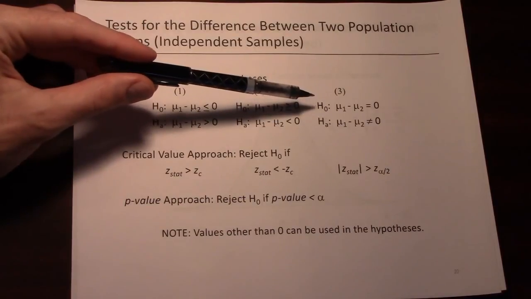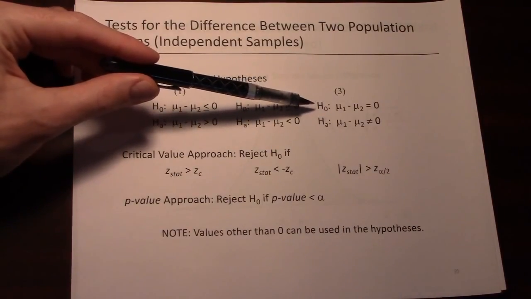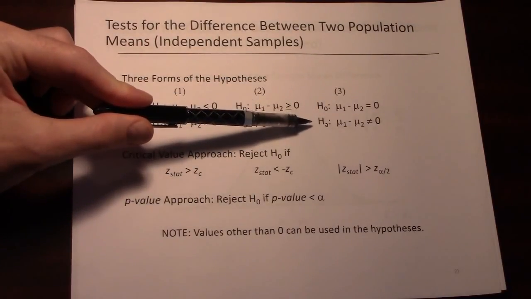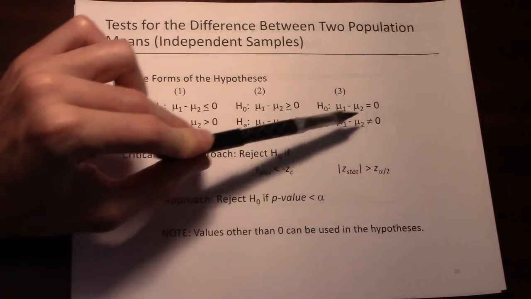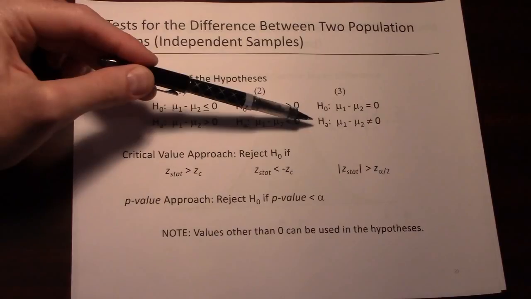If we're trying to investigate whether or not that's true, we might pose a hypothesis test, as that is the null hypothesis, and we look for overwhelming evidence to the contrary and say, well, the difference between them is not equal 0. So the difference could be a significant high number or a significant low number.